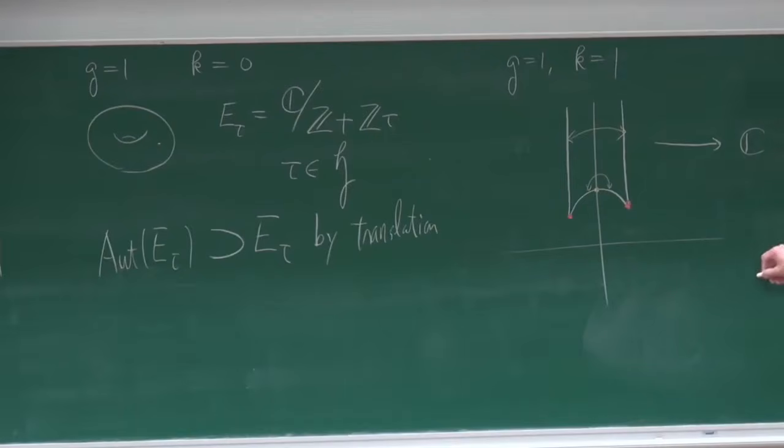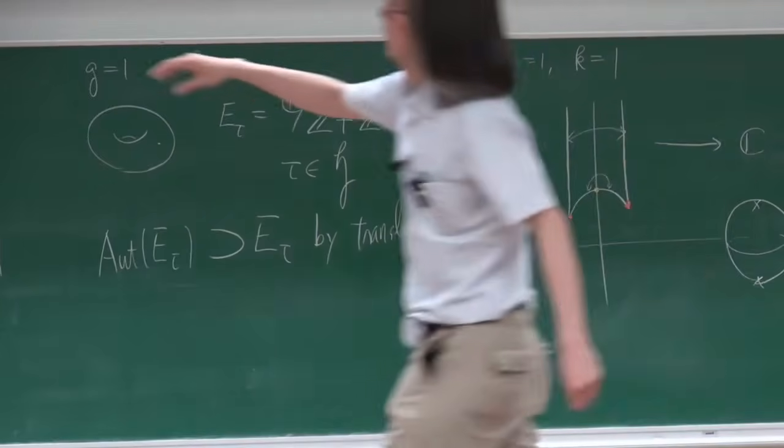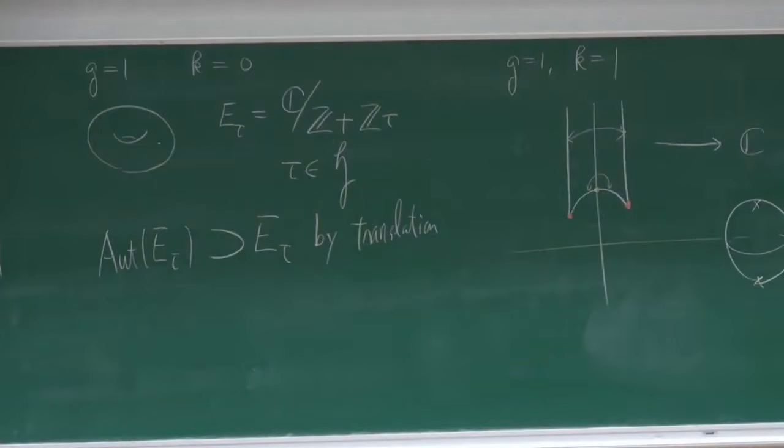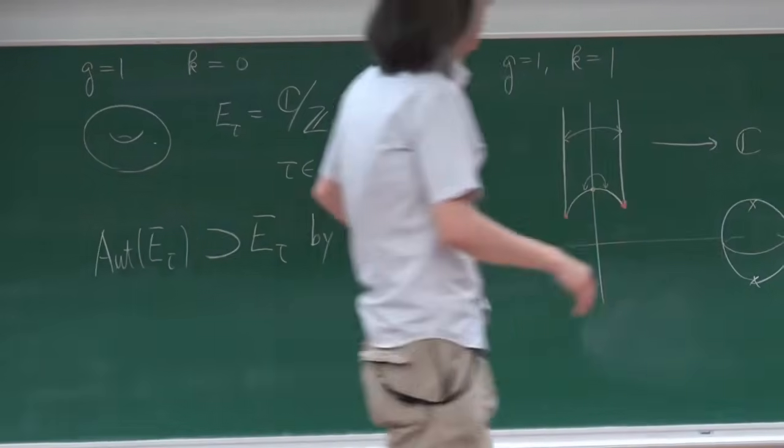I have a P1, and then I take two points, say north pole and south pole, and identify them to a point. In some local model, I just put it in this way, making it another point.